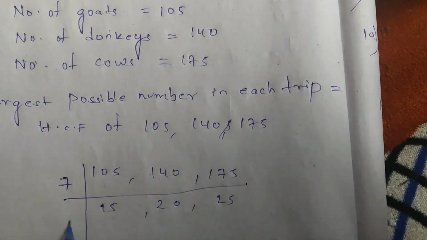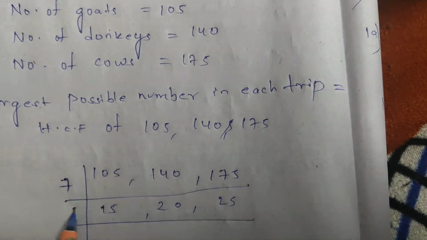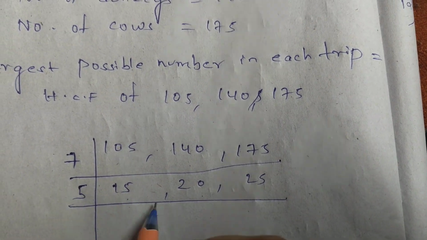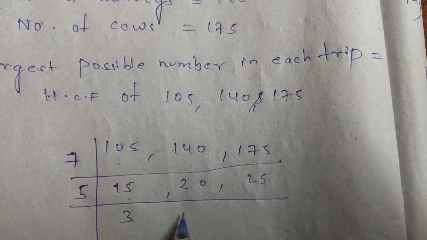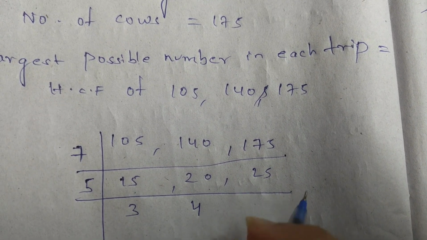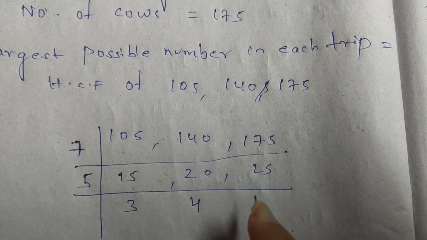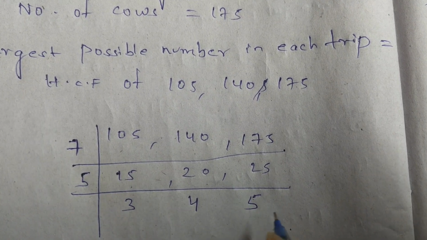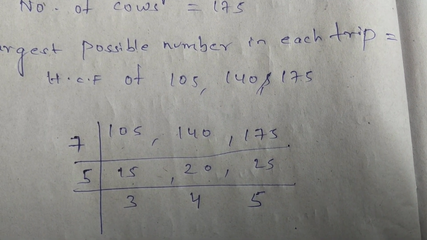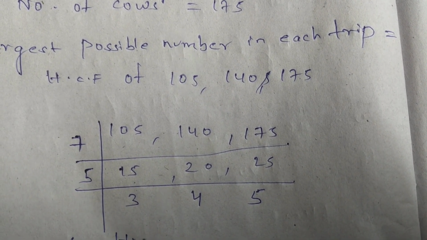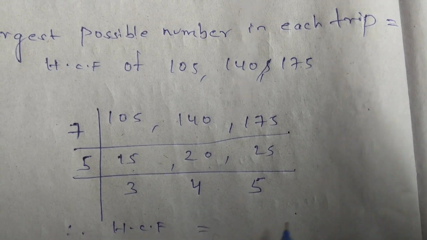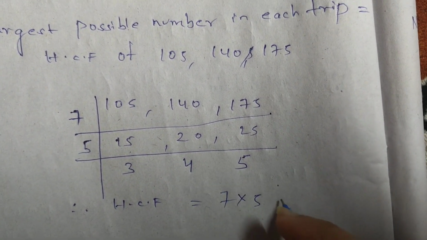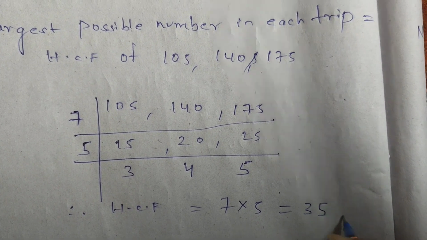Now dividing by 5, 15 gives 3, 20 gives 4, and 25 gives 5. Okay, HCF is equal to 7 into 5 equals 35.